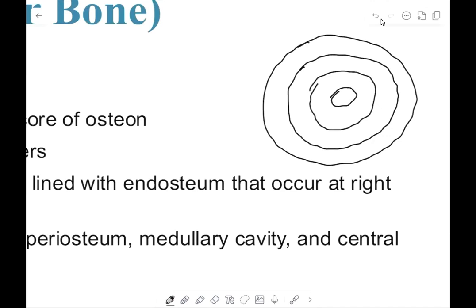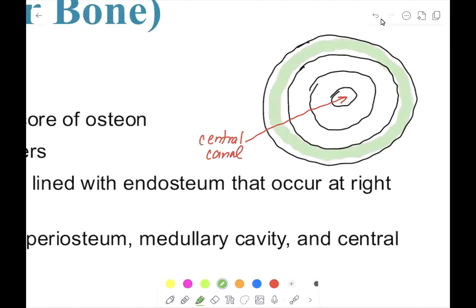And in the middle, we have the bullseye. The bullseye is going to be the central or the haversian canal. Each of these rings, so for example, if I highlight the outermost ring, it doesn't matter which one, all of these rings are going to be referred to as lamella, or lamellae for plural.